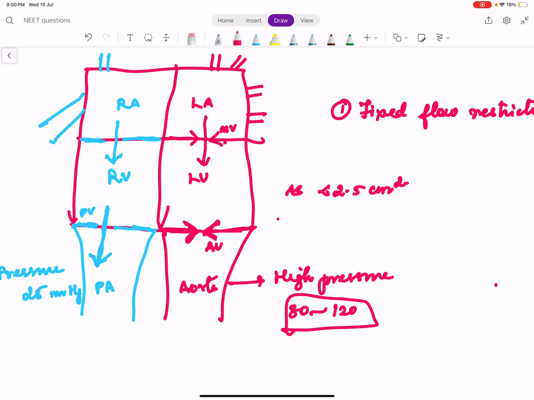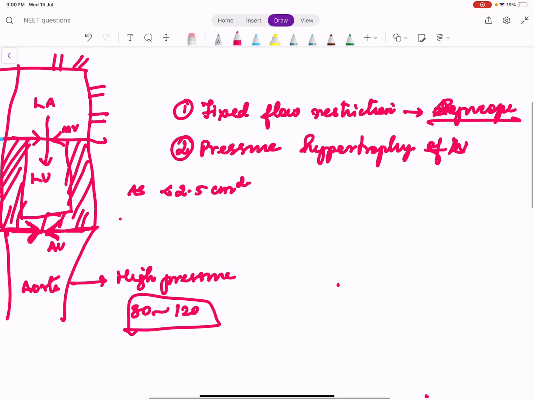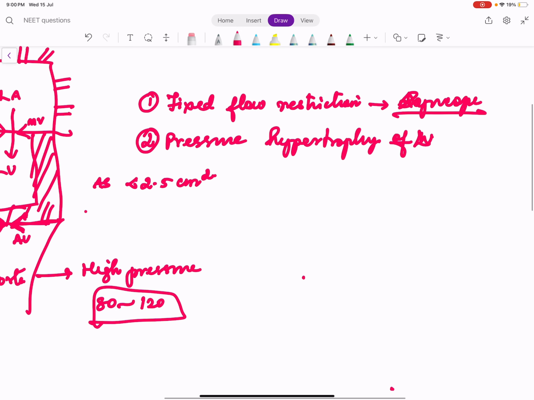Now, since the left ventricle is not able to pump blood into the aorta, what happens? The left ventricle will try to increase its force by causing pressure hypertrophy to push the blood into the aorta. Hypertrophy is an increase in the size of the cell.